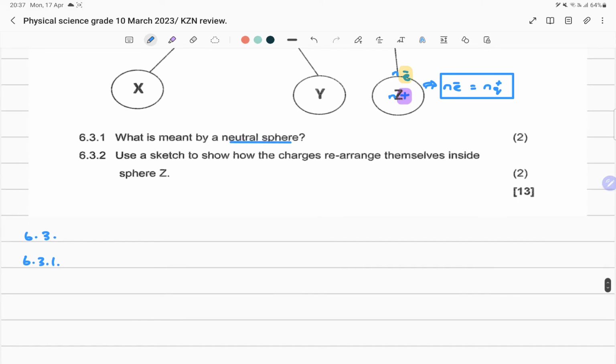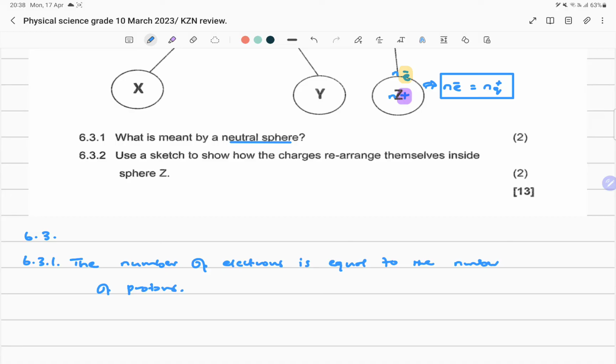So we can say now, okay, let's write properly: the number of electrons is equal to the number of protons.